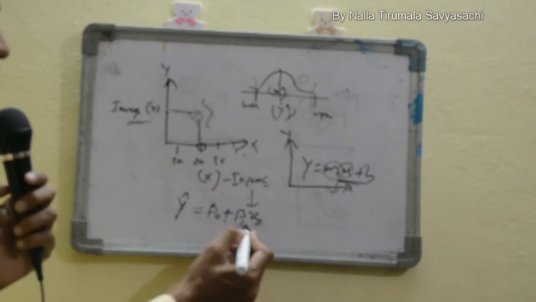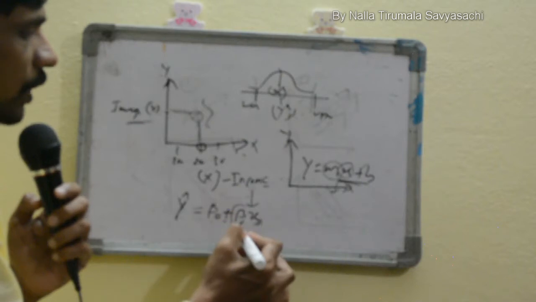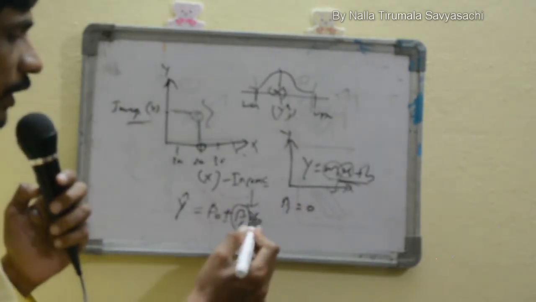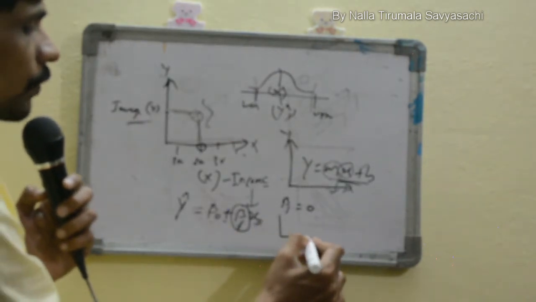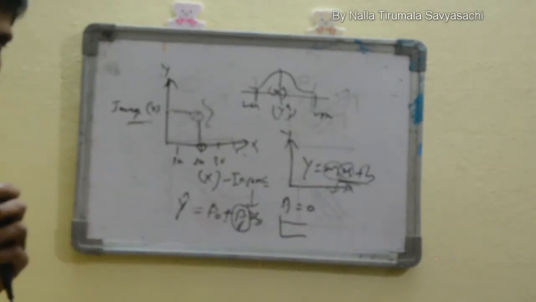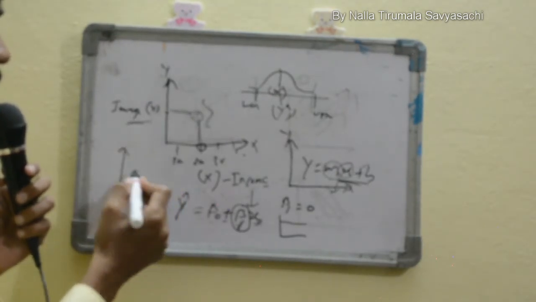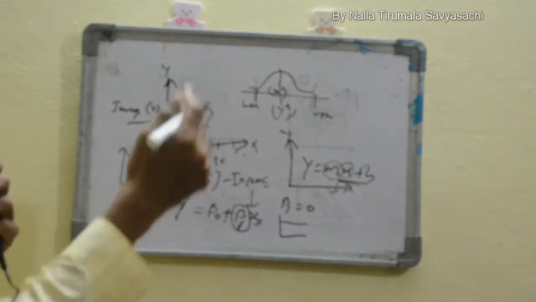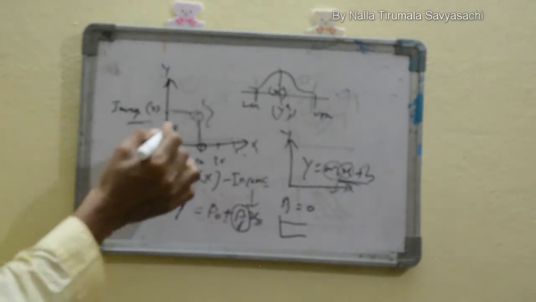If, for example, we consider beta 1 equals 0, then for any random income variable we always get a straight line. This is the straight line equation when beta 1 equals 0. When beta 1 is positive, we will get this kind of graph, a strong linear positive slope.